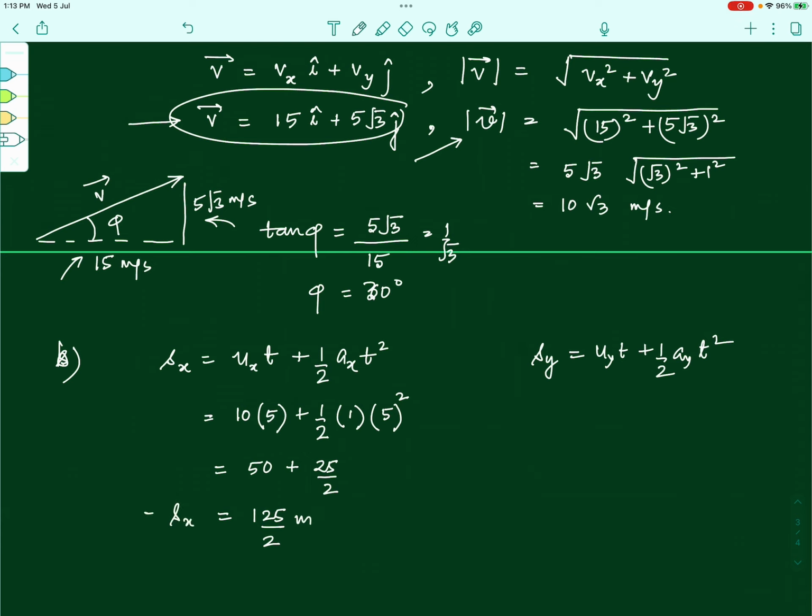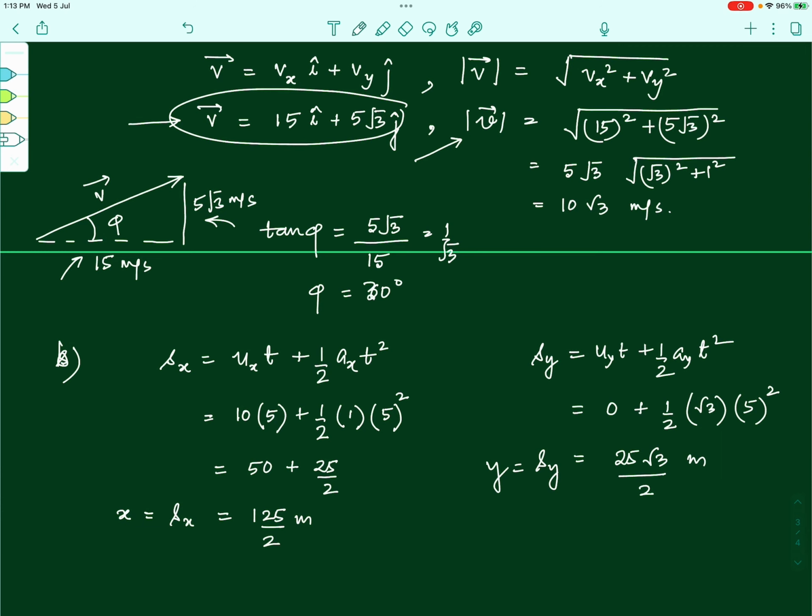Displacement along the x-axis, by the way, can be written as the x displacement, just like x also. Similarly, Sy will be uy t, which is 0 because uy is 0, plus half ay is root 3, t squared means 5 squared, 25. So you have 25 root 3 divided by 2 meters as the y directional displacement. Sy, you can also call it simply y. Okay.